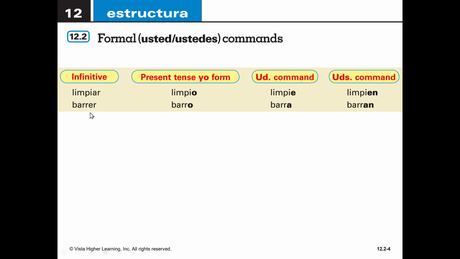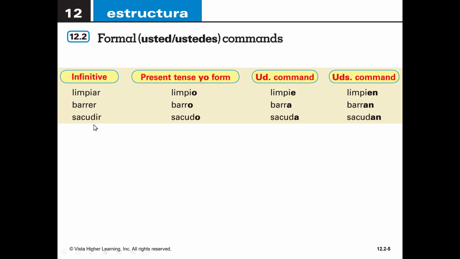What about ER verbs like barrer, to sweep? Well, first, put it into the yo form. And now, if you want to make it into an usted command, drop the O, add an A. And for the ustedes command, drop the O, add an AN.